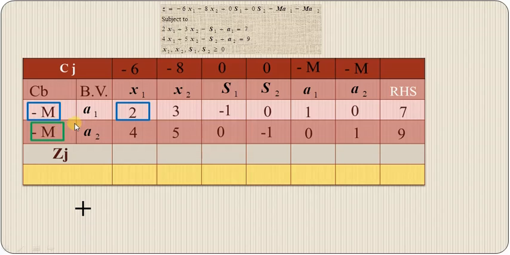So you will get -6M. So I repeat, -M into 2 plus -M into 4, you will get -6M. Similarly, for the next column we can write -M into 3 plus -M into 5, so you will get -8M.